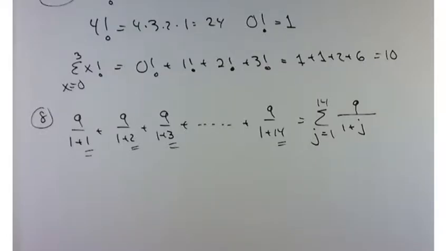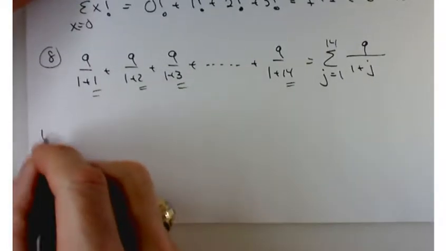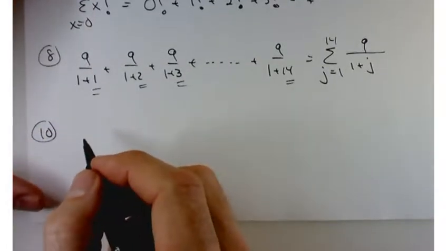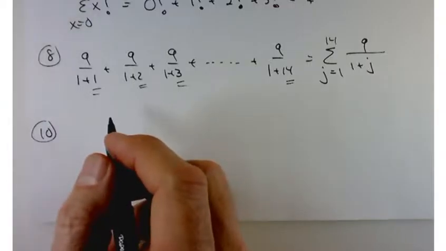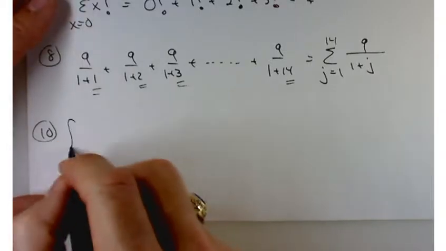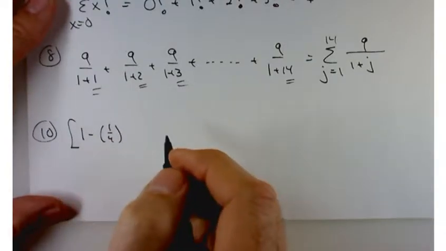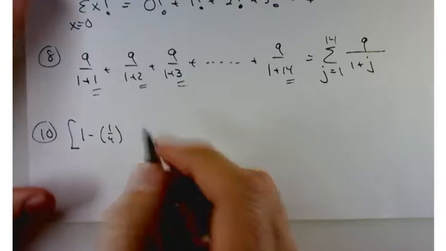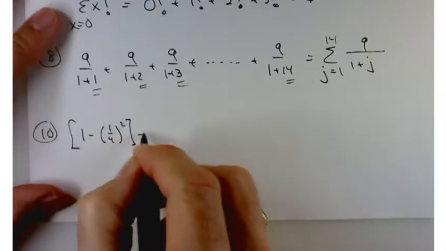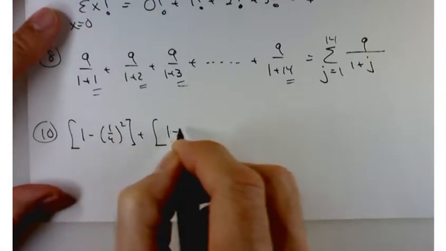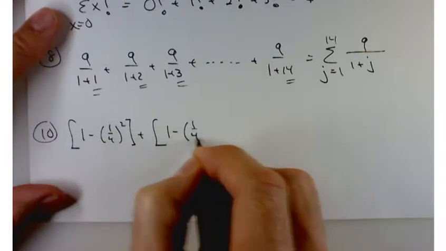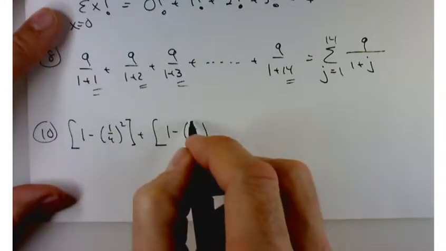Okay, let's try problem number 10. Kind of a little bit of a crazy one, but we'll see what we can do with it. So our expression in number 10 looks like this. 1 minus 1/4 to the second power, plus 1 minus 2/4 to the second power.